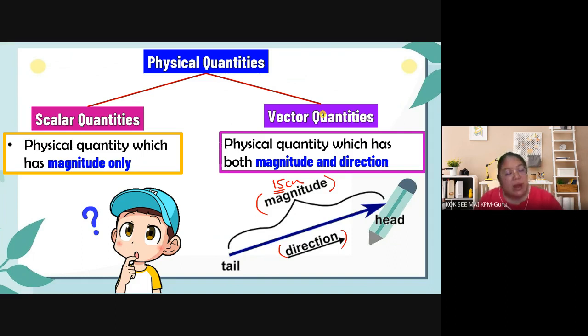That is a vector quantity, because you mention the direction.